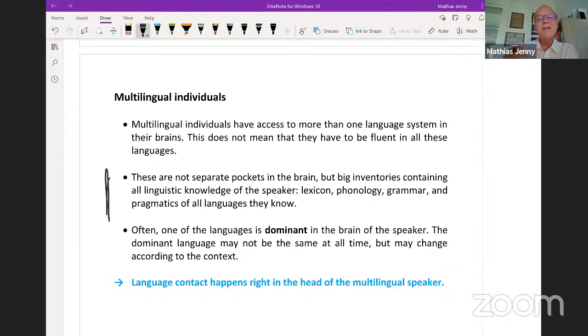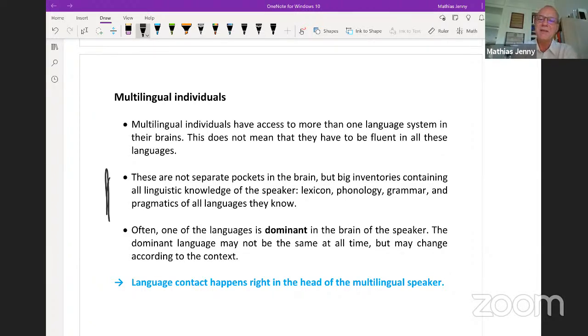Now, also in an individual multilingual speaker, one of the languages is usually dominant. It's the language that is the most important in the brain. Now, this status of dominant language can change over time.